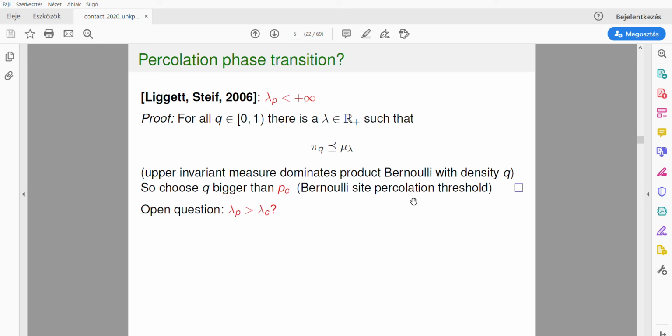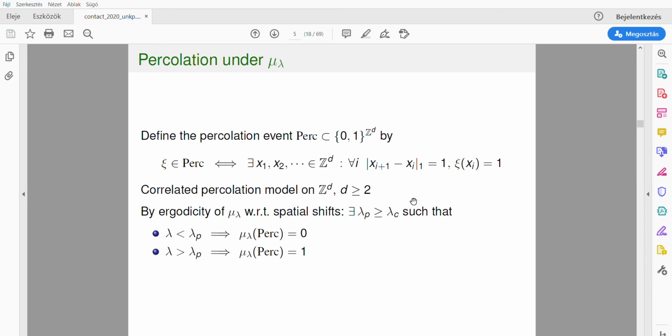Do we have lambda p strictly bigger than lambda c? So let me go back to my previous slide. If you remember, lambda c was the critical threshold of the contact process. If lambda is less than lambda c, then the upper invariant measure is trivial. It consists of healthy guys. Everyone is healthy.